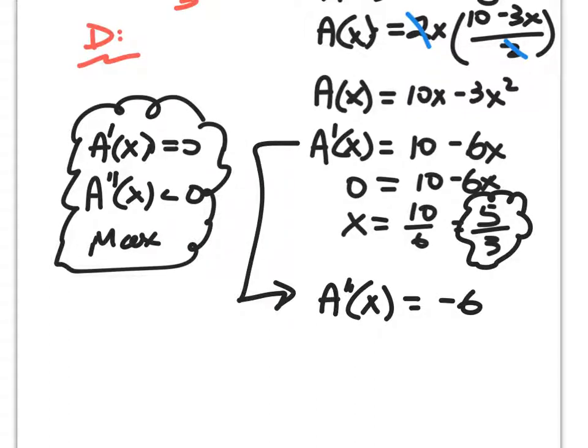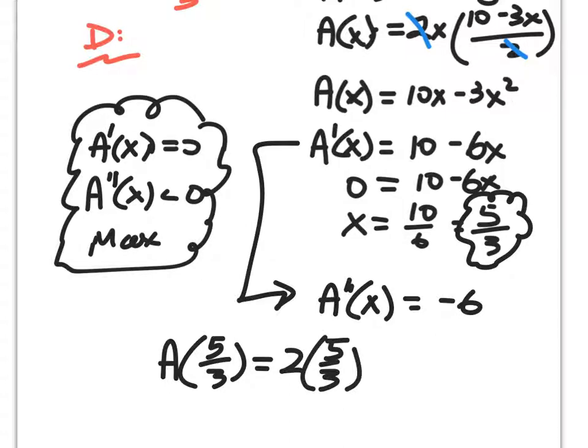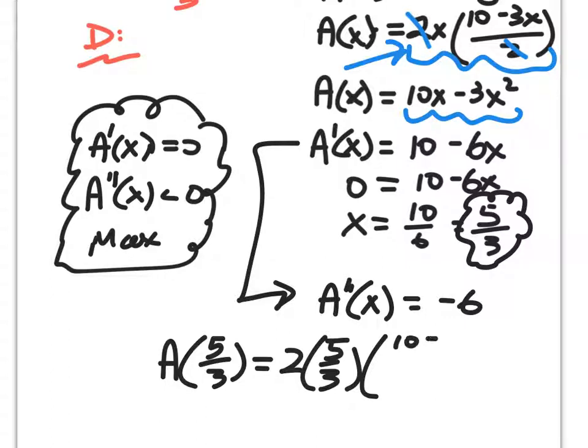maximum. So the area when x is 5/3 would equal 2 times 5/3. I'm taking this directly from here, right here, right? Or I could use this, but I'm going to choose to use this version. Okay, 2 times 5/3 times (10 minus 3 times 5/3) over 2.